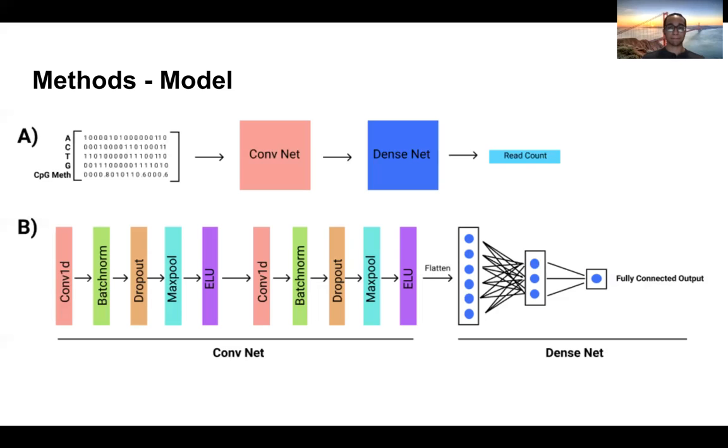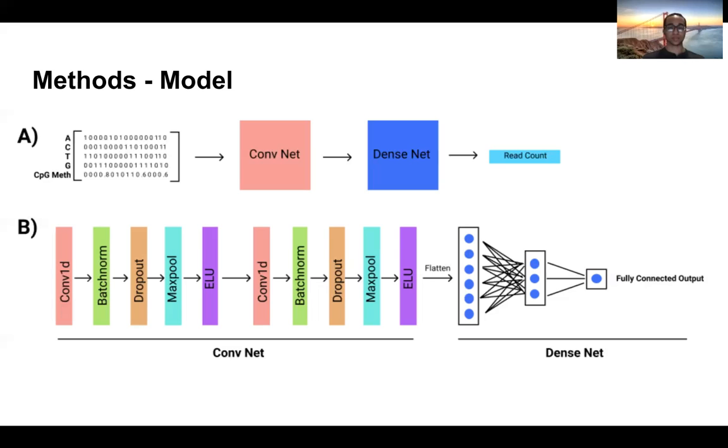B just shows more specifics on the convolution net. Essentially, we're taking two convolutional passes where we do a 1D convolution, batch norm, dropout, and max pooling, as well as ELU activation. We chose ELU activation because it provides the benefits of leaky ReLU and ReLU, allowing it to converge the loss function faster with high accuracies, as shown with some data, and also avoiding the dead ReLU problem that is sometimes seen.